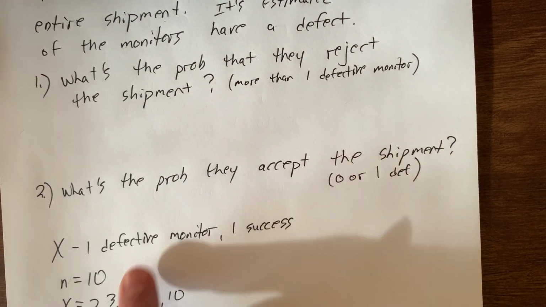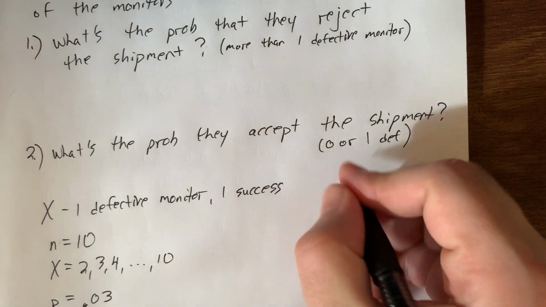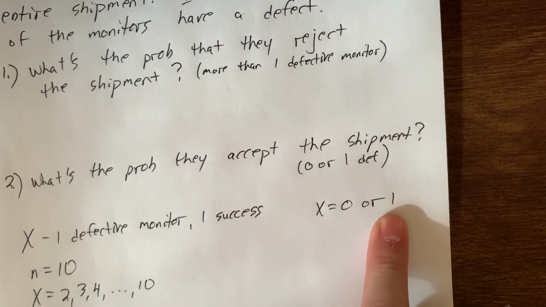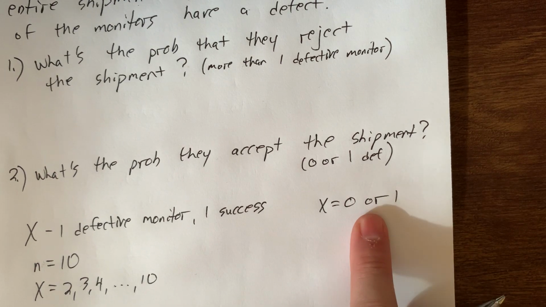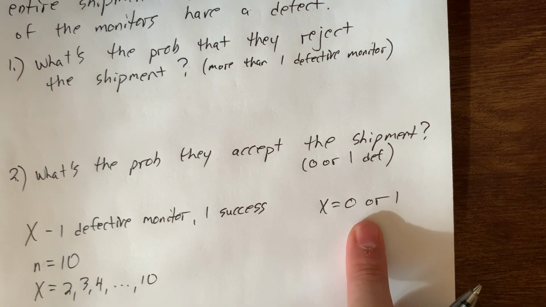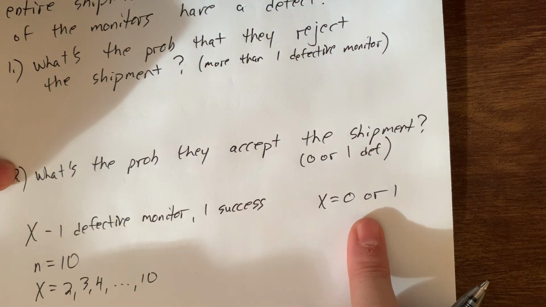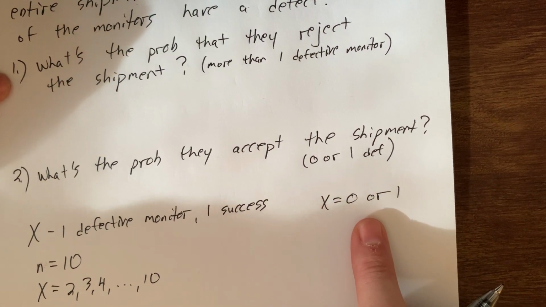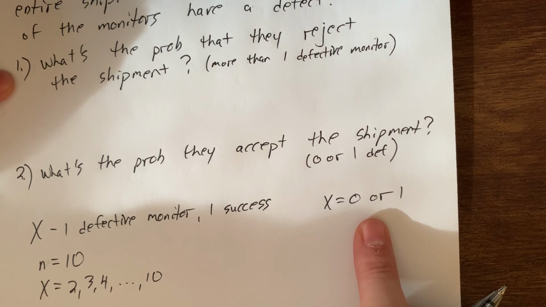So in problem number 2, all the rest of this is the same, except X is now only 2 possibilities, 0 or 1. I'm actually going to start with this. Even though this was problem number 2, after we finish it, I'll point out that it's a very nice shortcut that gets us to problem number 1.